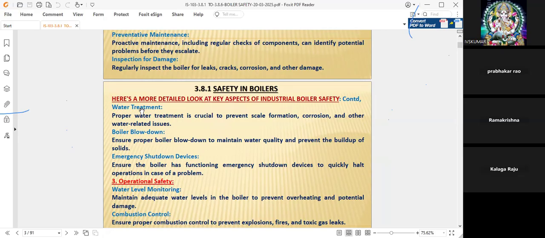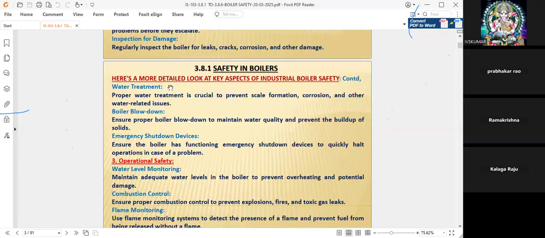It will definitely lead to erosion of the boiler quality tubes. Therefore, cracks, corrosion, and damage will occur also. That's why water treatment is a very important point. Proper water treatment is crucial to prevent scale formation, corrosion, and other water-related issues.